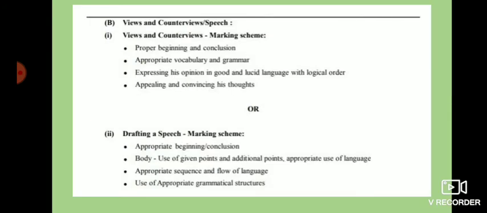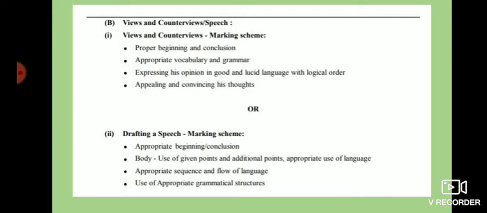Next one is the B question, views and counter views or speech. Views and counter views means a view section will be given to you and you have to write a counter view section using the view section. So this is called view and counter view sections.